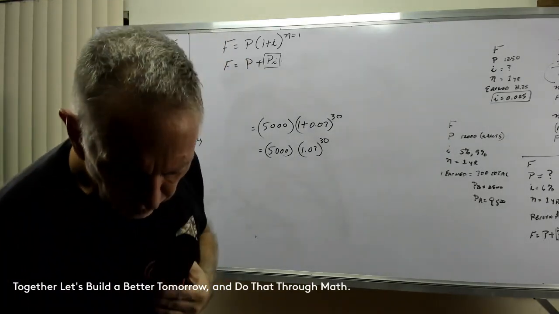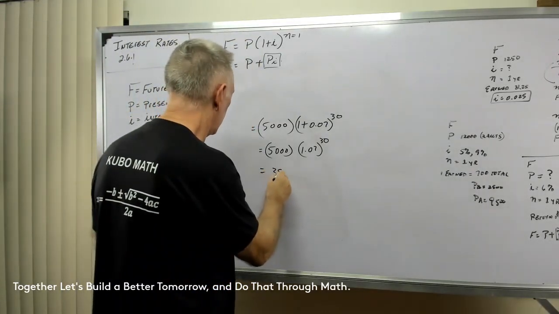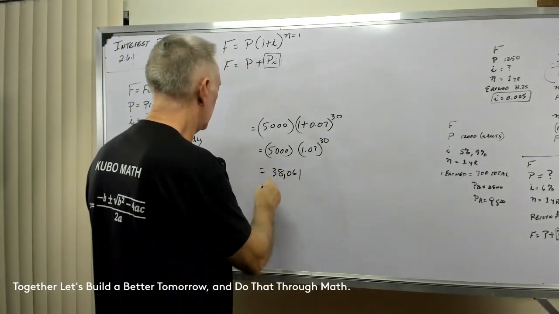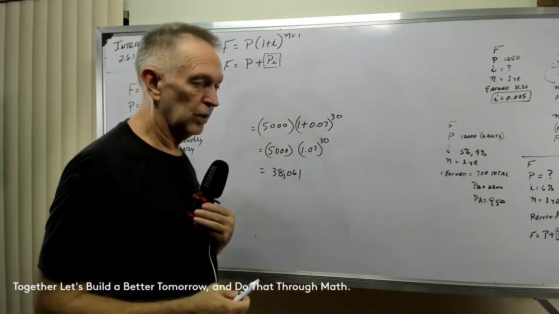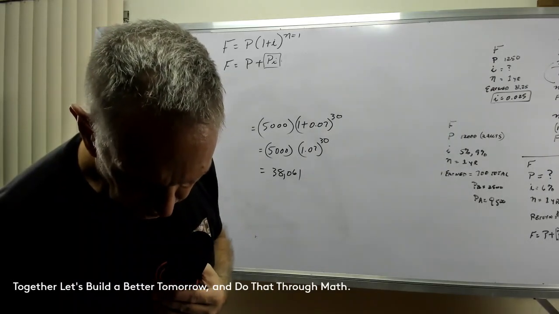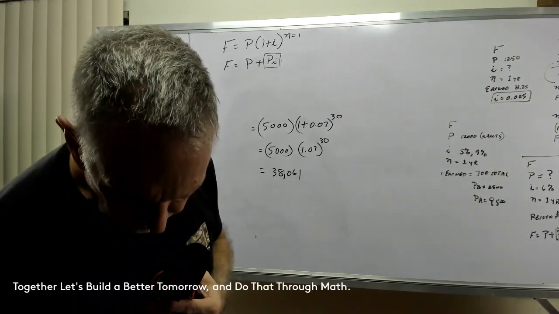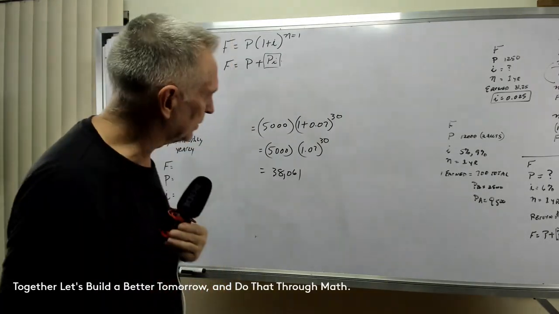That would be worth 38,061. Ooh, so that would have grown a lot. 5,000 times 1.07 to the 30th. Yep, 38,061.